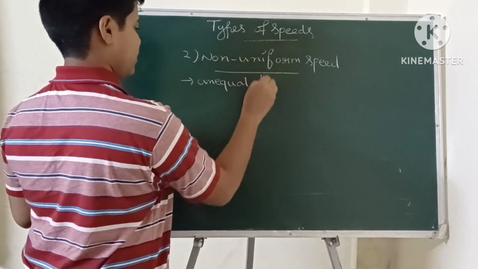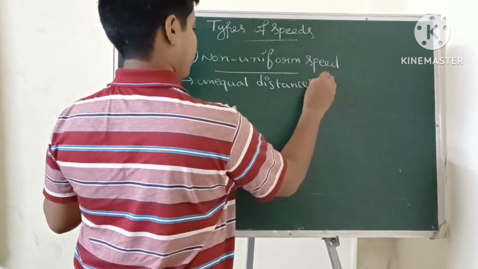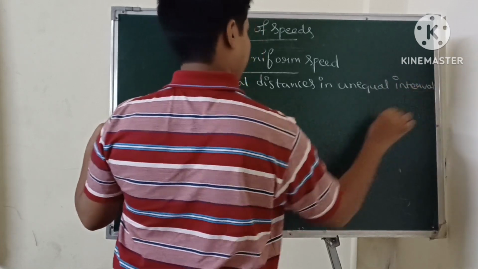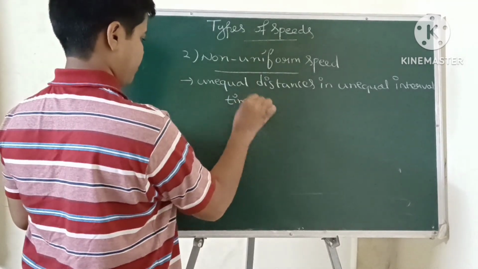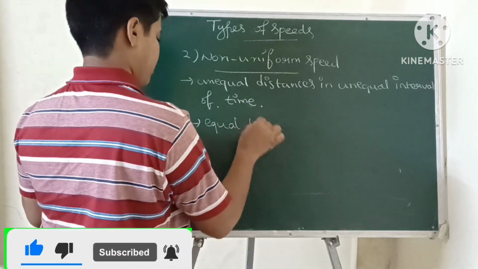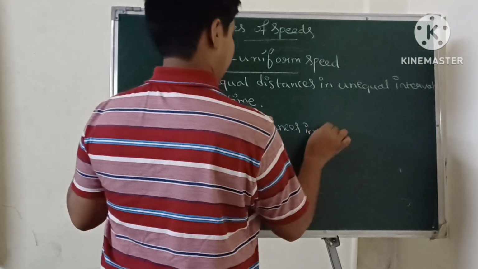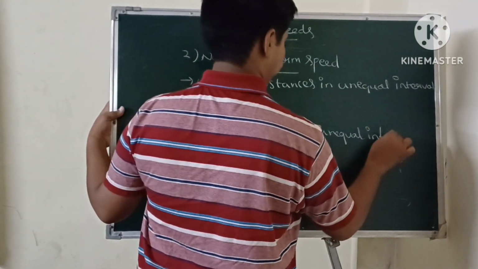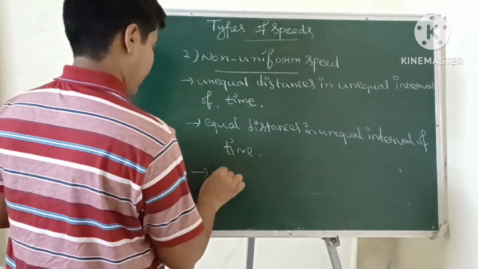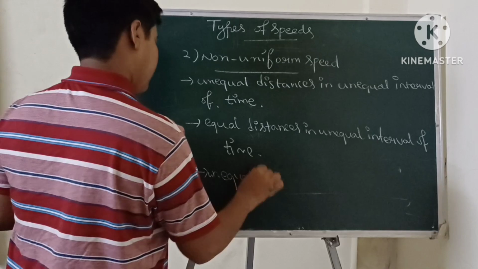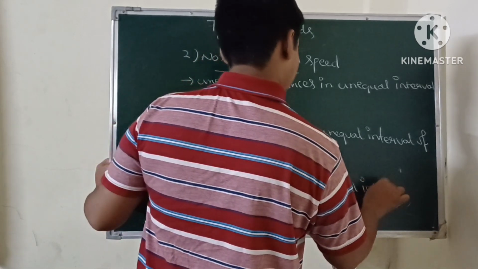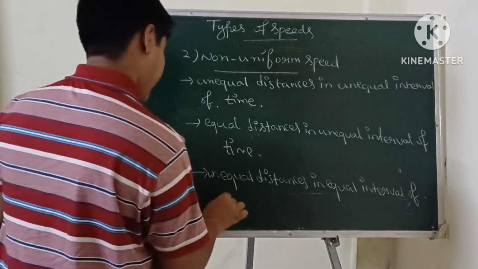Unequal distances in unequal interval of time, and another definition, equal distances in unequal interval of time, and another definition, unequal distances in equal interval of time.